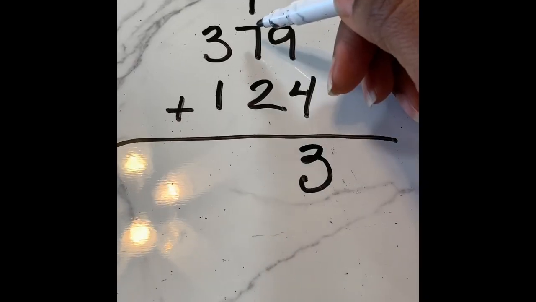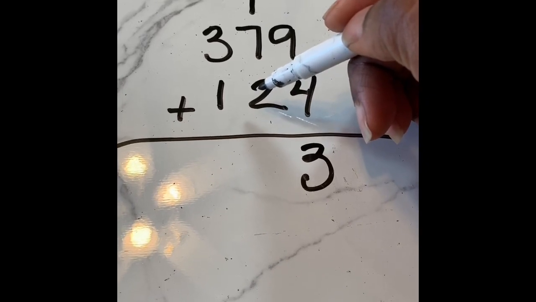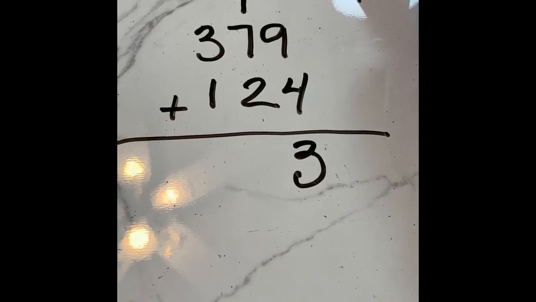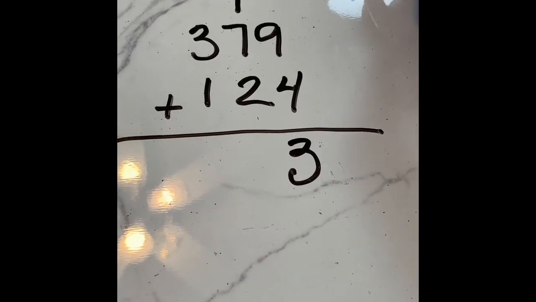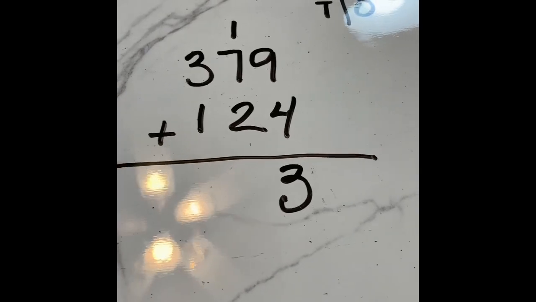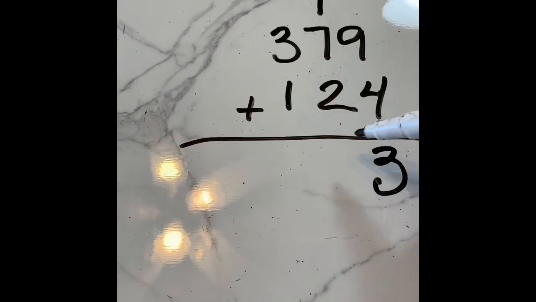Now, 7 plus 1 is 8, plus 2 more is 10. Can the whole 10 go into the bottom? No. If we put 10 onto our small place value chart, we'll see that the 0 is in the ones place. Only the ones place number goes down.